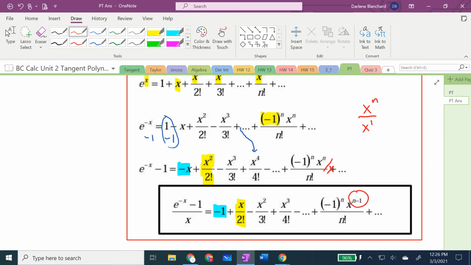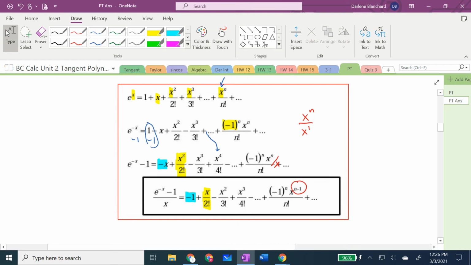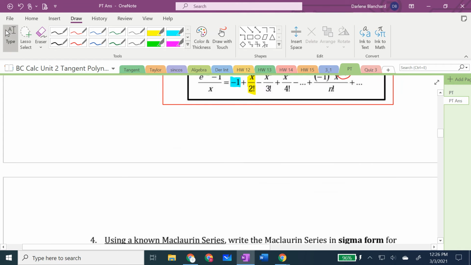So realize that the manipulation of the series is forcing you to know your exponent rules better than you knew them before. And that's really important. It's one of the things that's being looked at, is your ability to use those exponent rules.